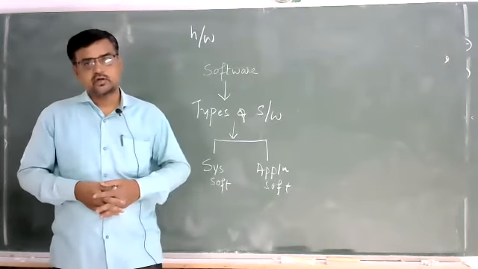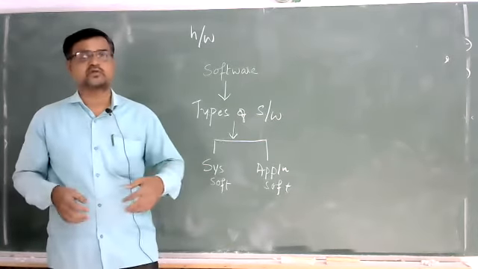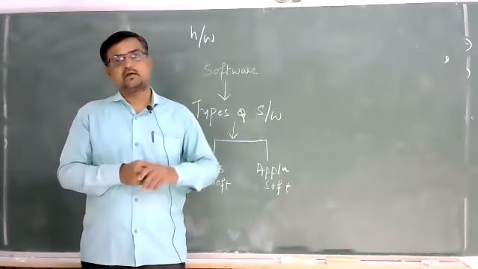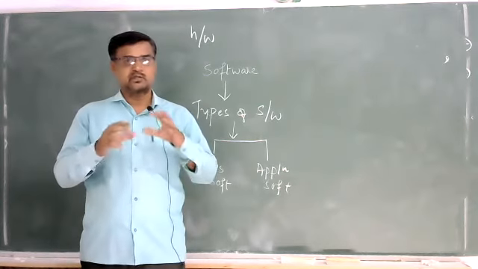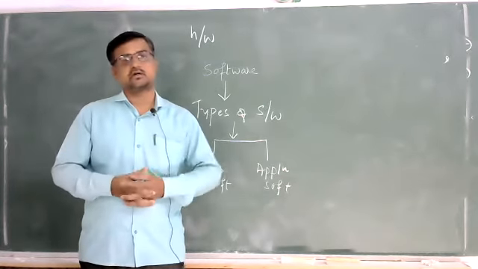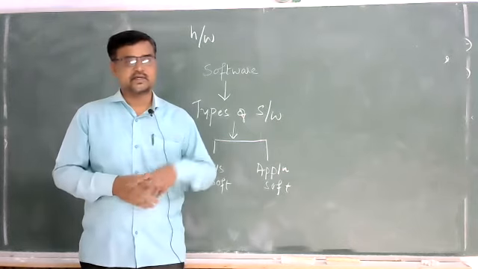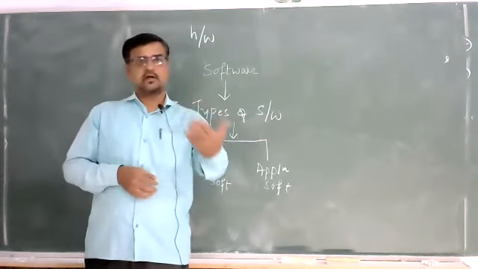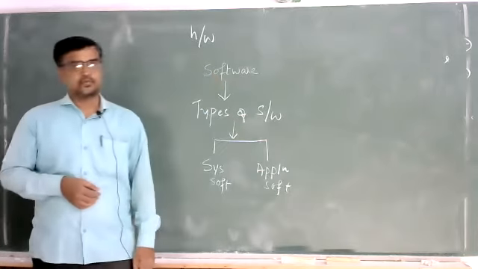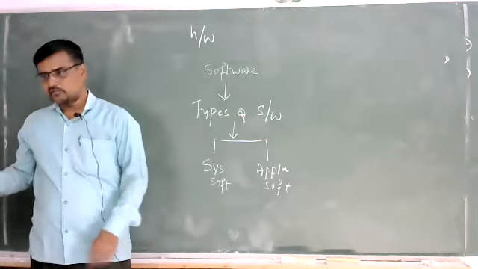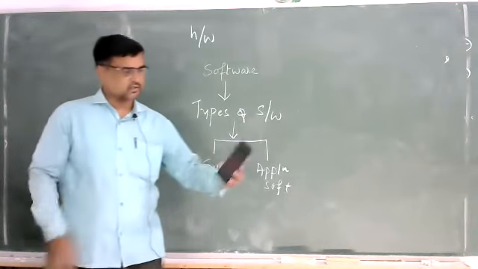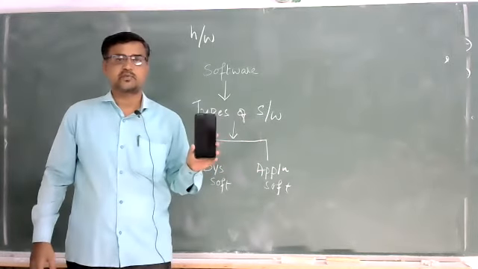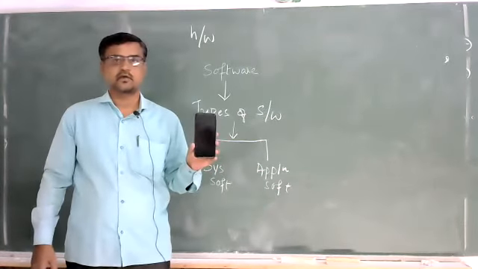When you switch on a computer or your mobile, you can see it displaying some particular messages and icons, based on which you understand and start operating. Now, if I handle this mobile and it does not show me anything, how should I operate it?